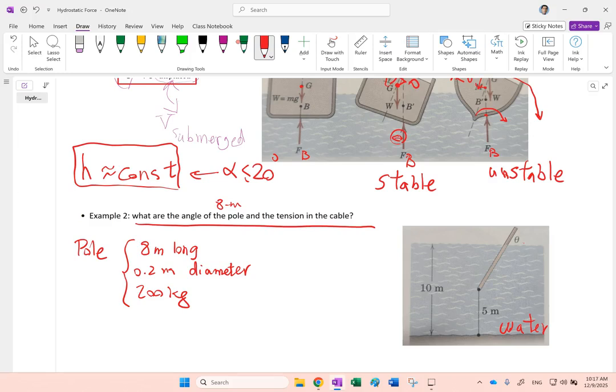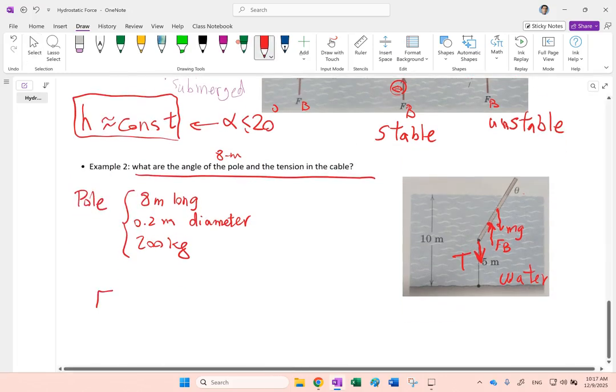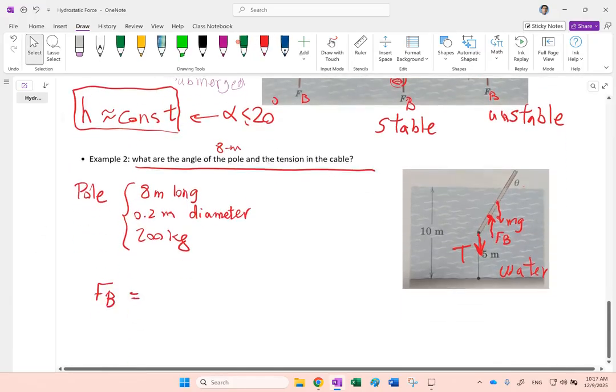Okay, now if you draw the free body diagram of this pole, here at the bottom you have a tension, right? At the center of gravity you have the mg, and at the center of pressure you have the buoyancy force. So first of all, you need to find the buoyancy force. Remember, the formula is rho g V of displaced.